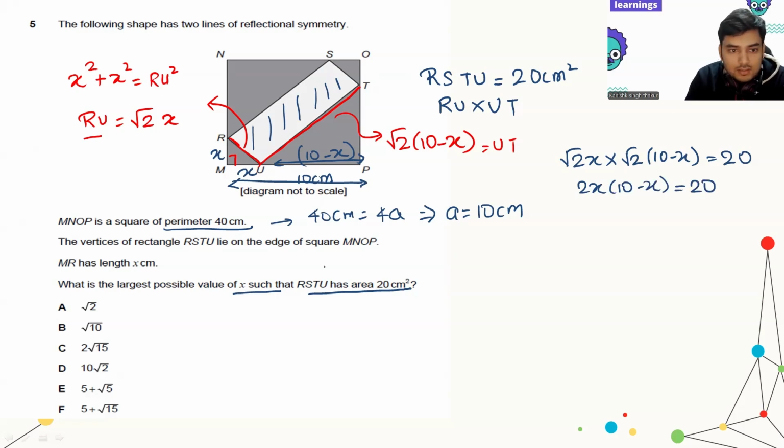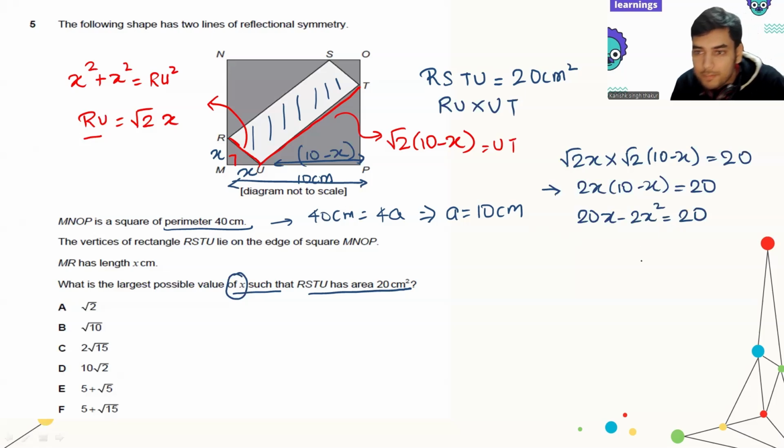Now what they are saying is that you have to find the largest possible value of x. So let's see. 20x minus 2x squared equals 20 I have here. I'll make it into the perfect form of a quadratic equation.